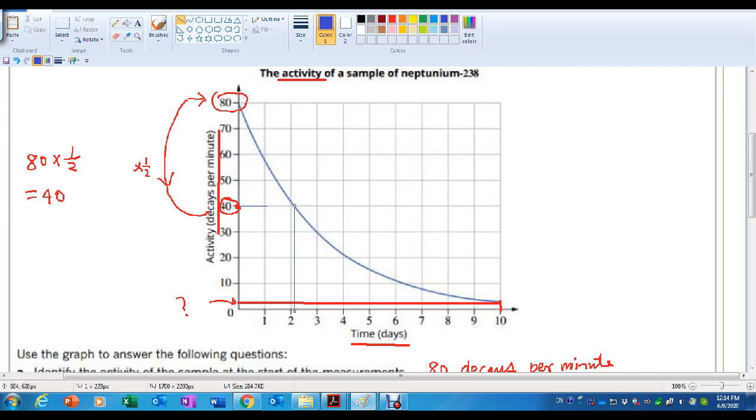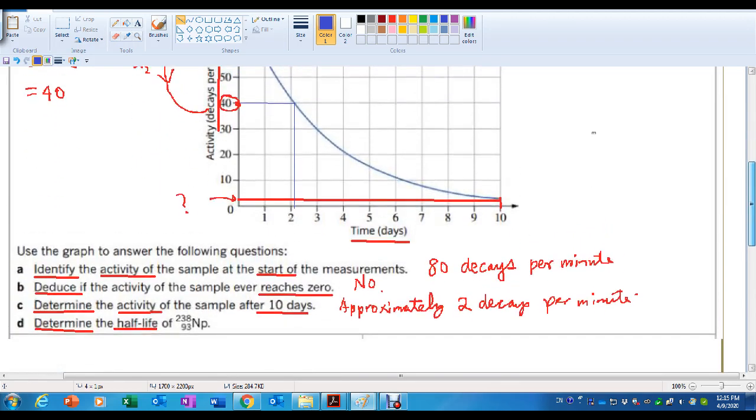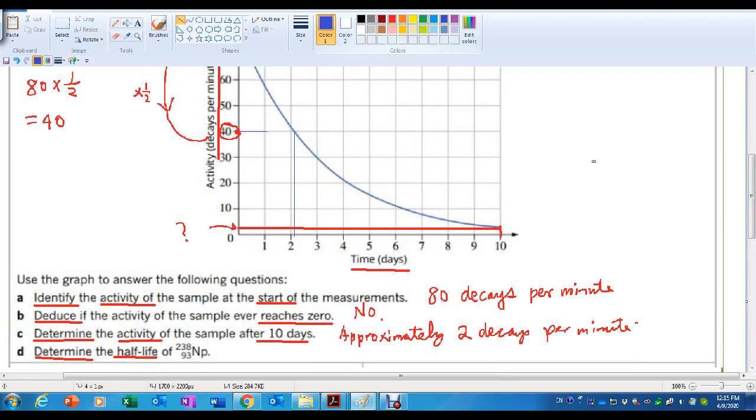It's up to you, right? For me, it looks more like 2.2. So we can only write approximately 2.2 days.